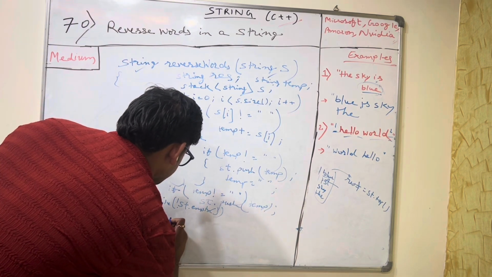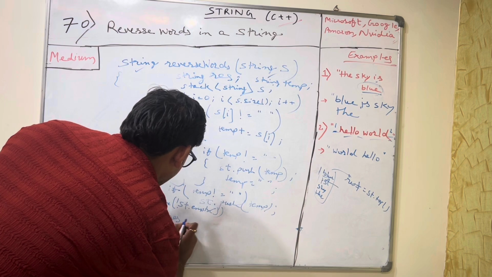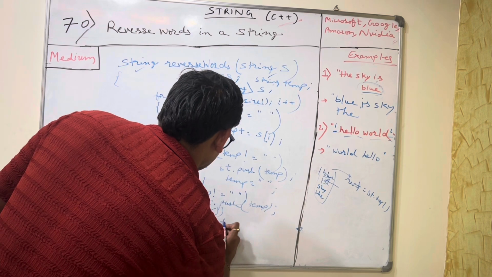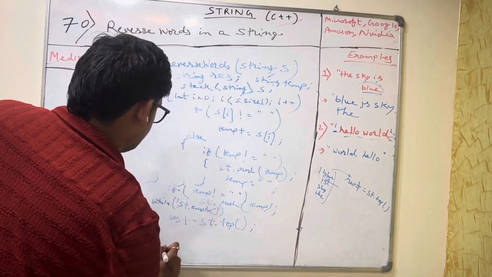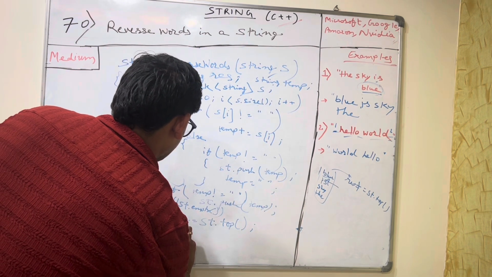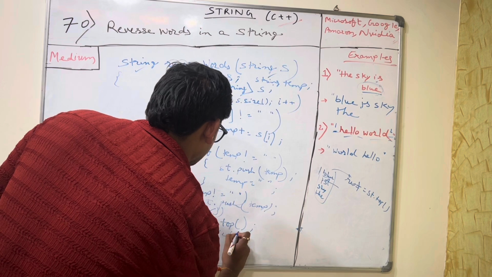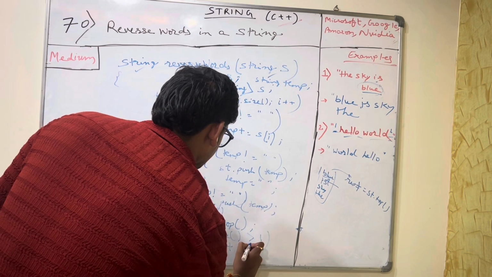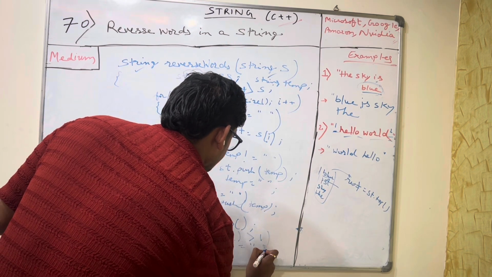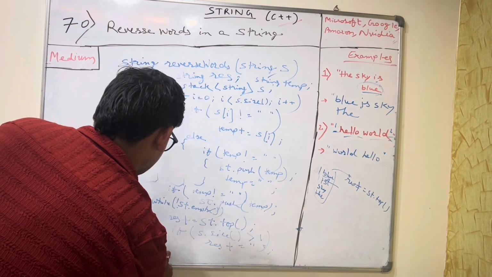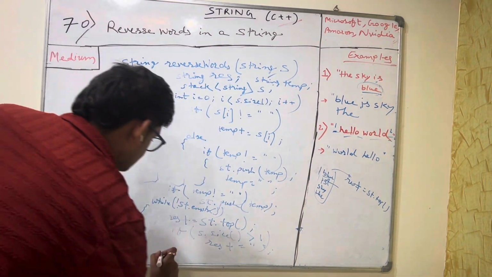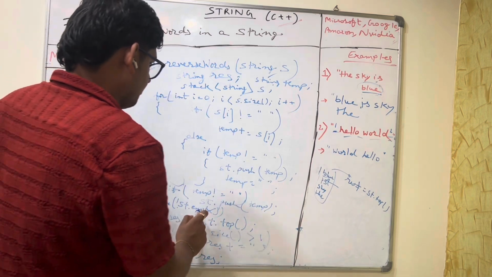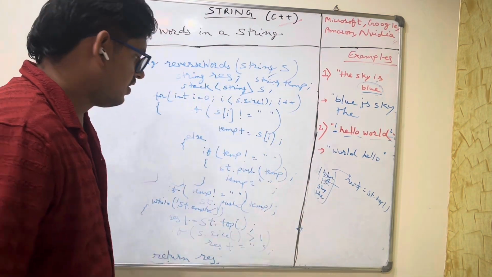So res plus equal to st dot top, okay, and then if the stack dot size is greater than 1, because we don't want, okay, I'll explain what I have done here, res plus equal to space, okay, this is the space, and then we return res.